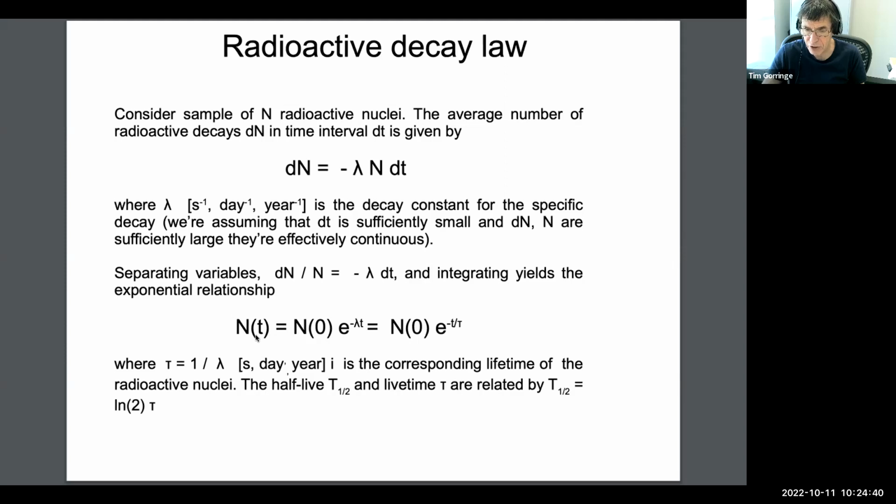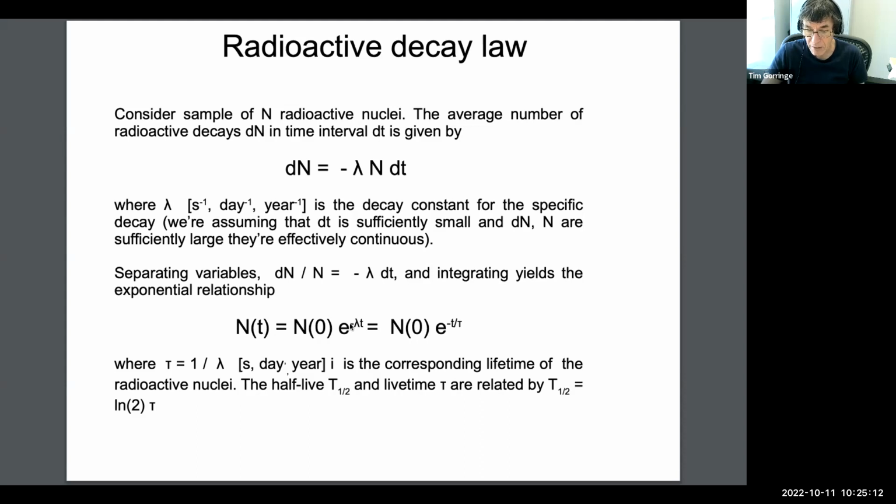This integral version of the decay law says that the number of radioactive nuclei that you have surviving at time t is equal to the number of radioactive nuclei you started with at time 0, multiplied by this exponential factor, where in the exponent it's a negative exponent, and it involves the product of the decay rate and the time that you've been observing the nuclei for.